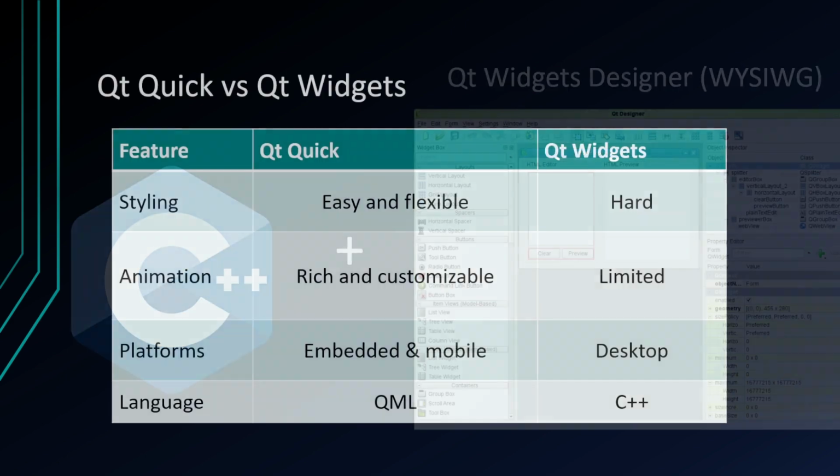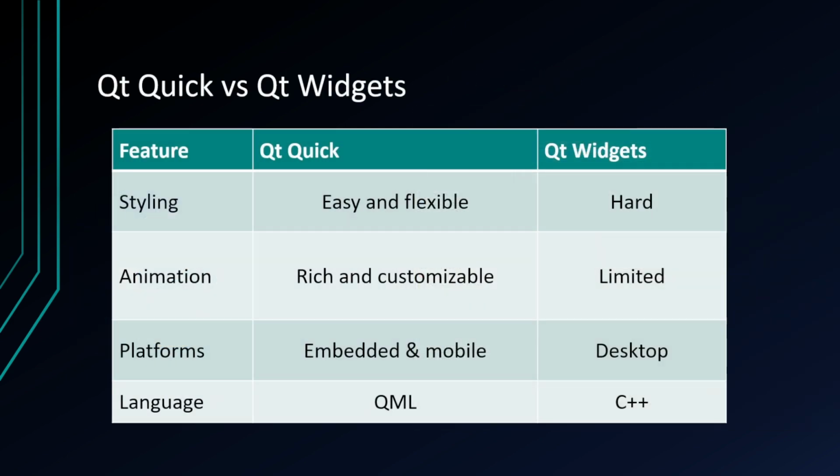To summarize the difference between Qt Quick and Qt Widgets, I have this table. So Qt Quick is easy and flexible in styling, with rich and customizable animation, and platforms: embedded and mobile, and also desktop. Here, I mean, embedded and mobile is possible. And the language used is QML.